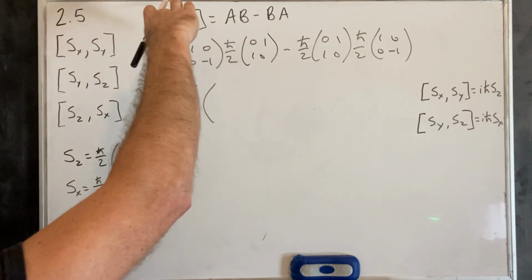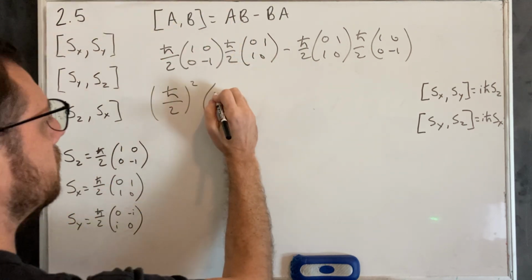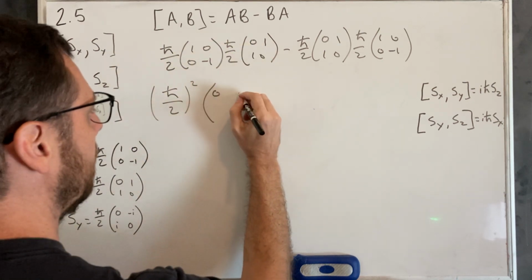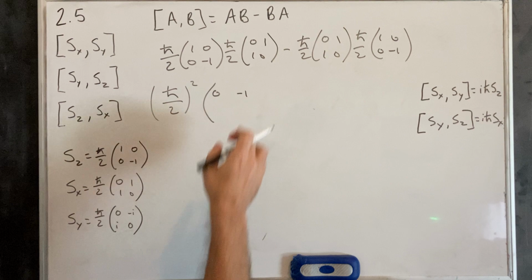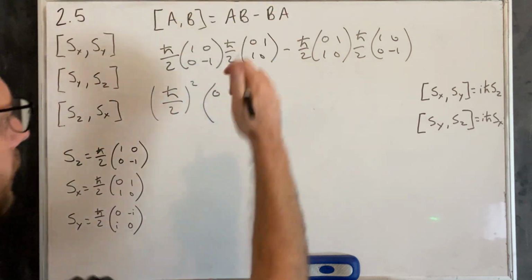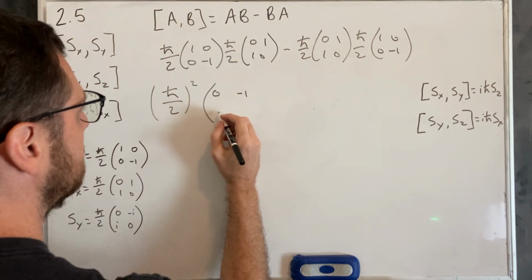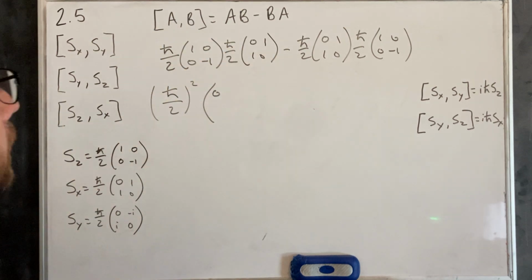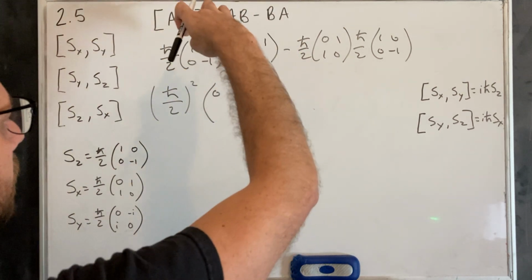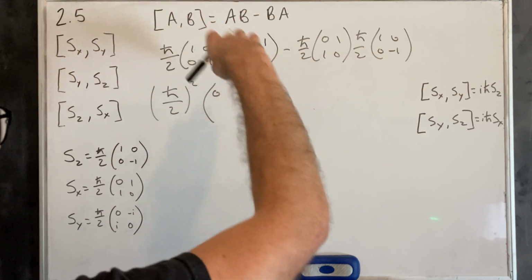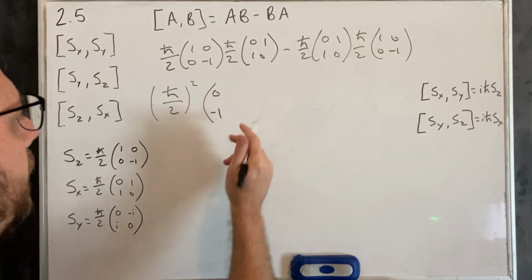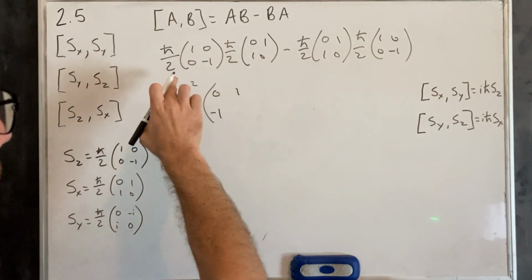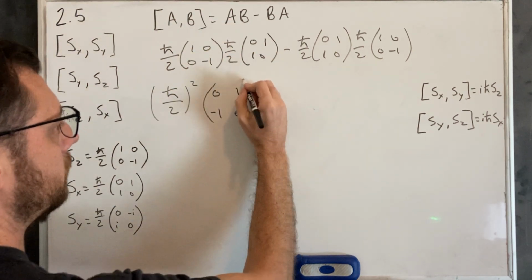Okay, 0 plus 0. 0 and negative 1, make negative 1. 1 and 0, make, I messed that up, didn't I? What did I just do? 0 and 0, make 0, 0 and negative 1, make negative 1 here. 1 and 0, make 1. And 0 and 0, make 0.